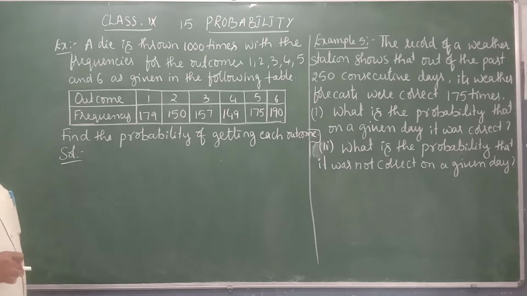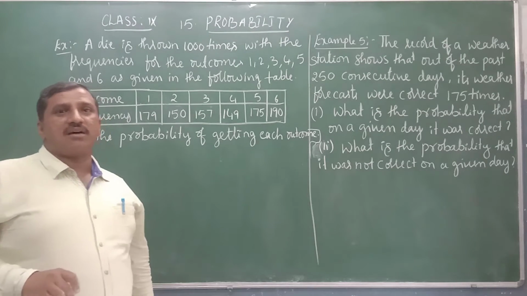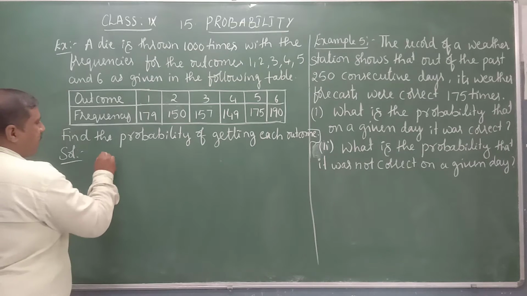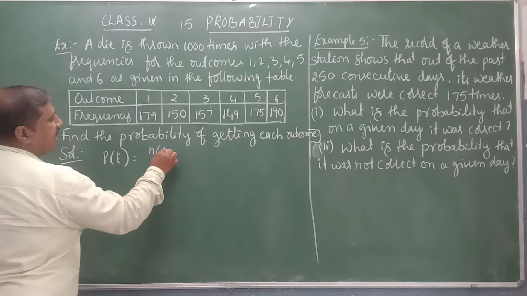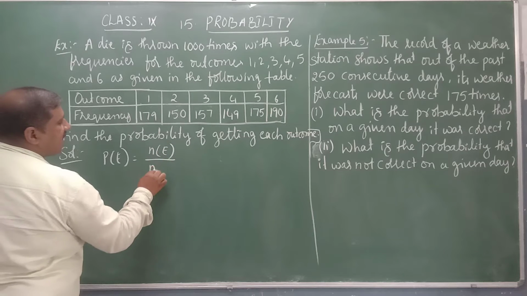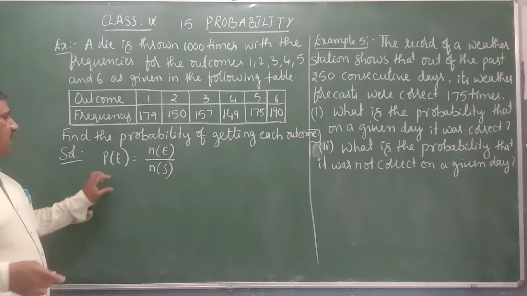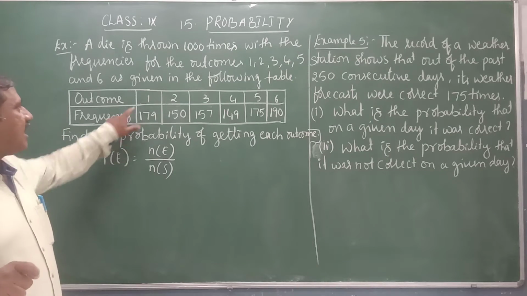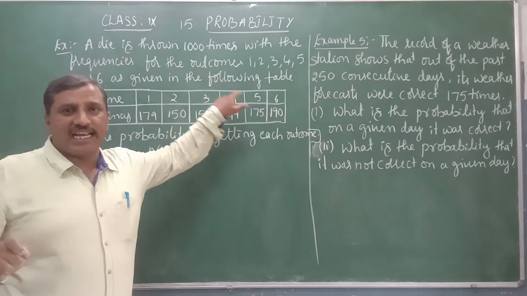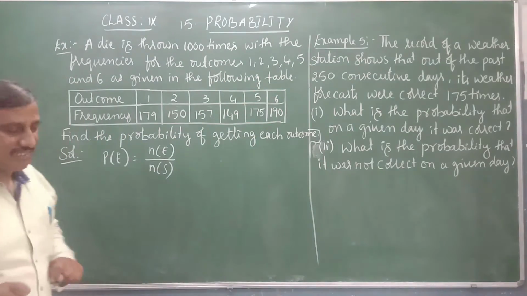What is the formula to find probability of an event? That is, P(E) = n(E) / n(S). What is P(E)? E stands for an event. Here the event is getting 1, getting 2, getting 3, getting 4, getting 5 and getting 6.